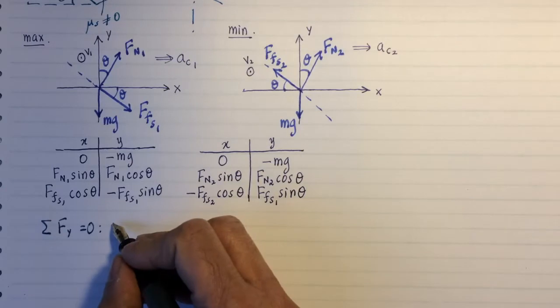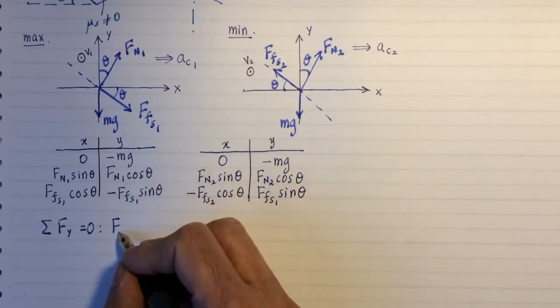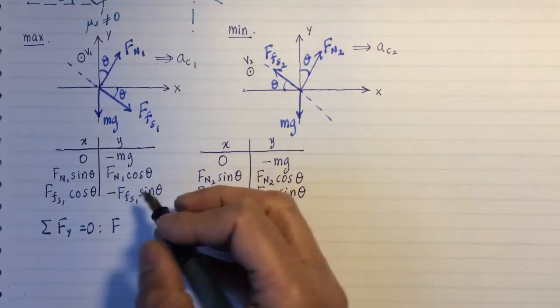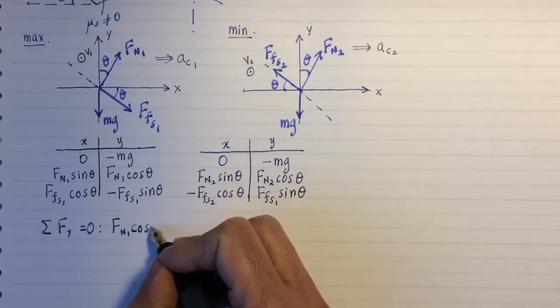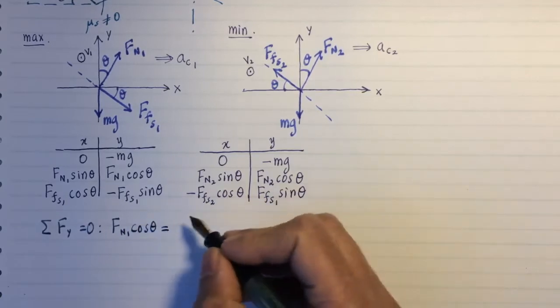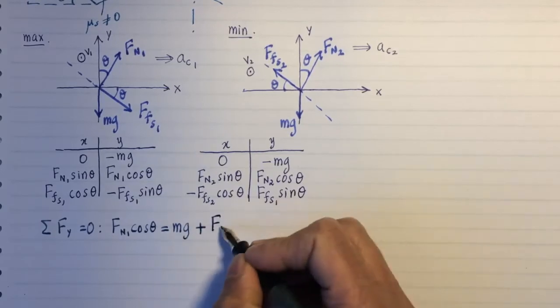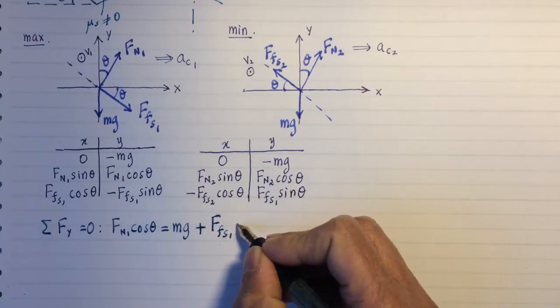So I get the sum of all these three things equals 0. So Fn1 cosine theta, all the positive stuff must equal all the negative stuff. So that's mg plus Ff s1 sine theta.